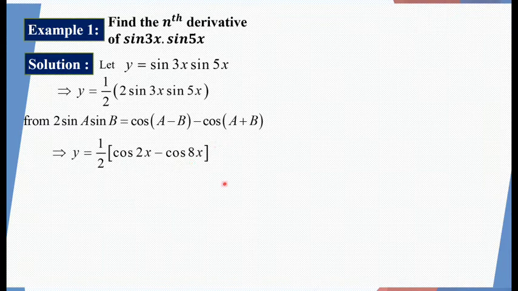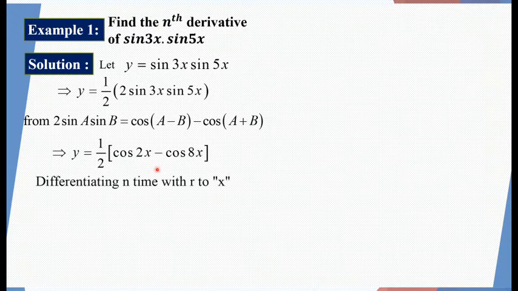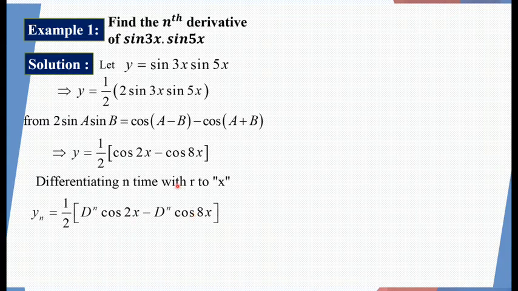Now it is in the appropriate form where we can apply the property of successive differentiation. So differentiating it n times with respect to x, yn is equal to 1 upon 2 into nth derivative of cos 2x minus nth derivative of cos 8x.